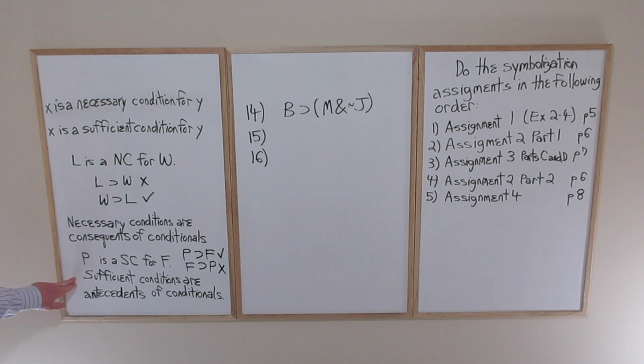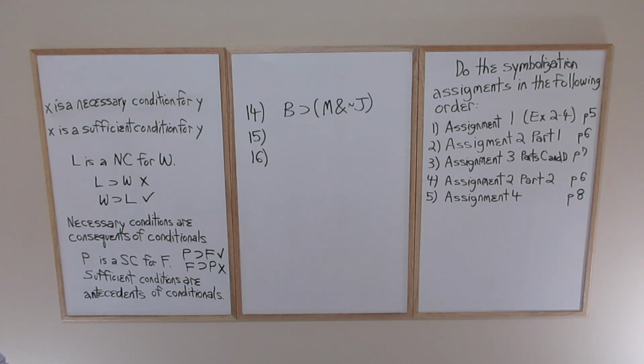What that tells us is that sufficient conditions, unlike necessary conditions, are antecedents of conditionals. So that's all you really need to be aware of. Necessary conditions, consequents of conditionals.